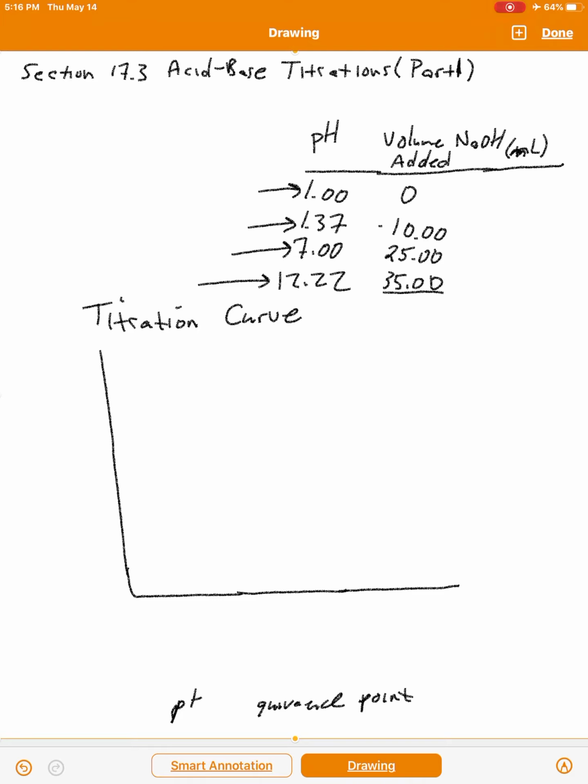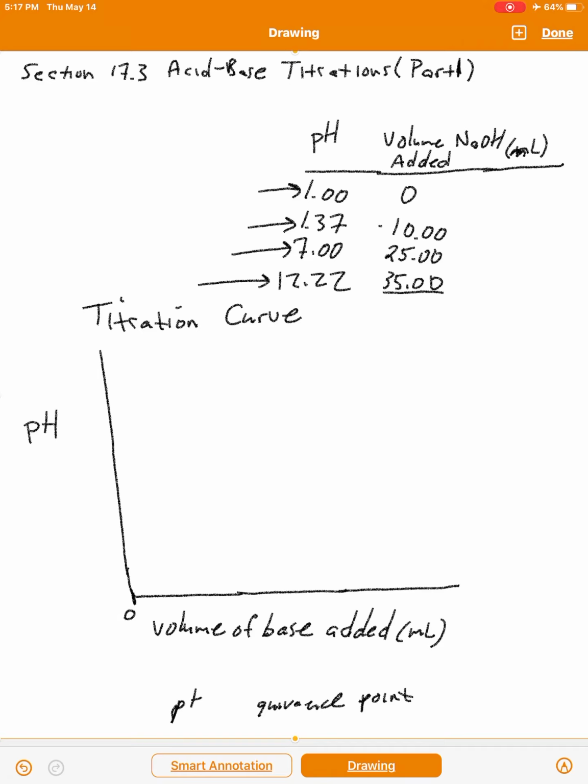So on the y-axis, we're going to show pH. And on the x-axis, we're going to show volume of base added. I'm going to write base because it could be sodium hydroxide or it could be any base. And this will be in milliliters.